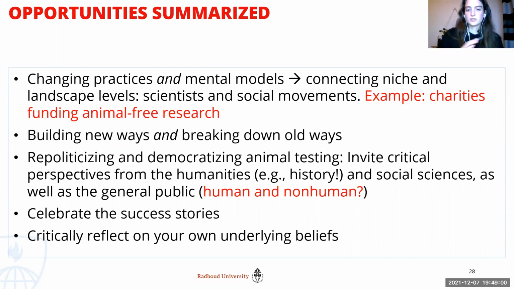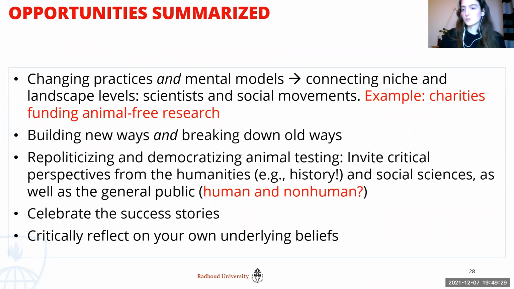And both from the niche level and the landscape level you can put pressure and ideas towards the regime about change. You could say that individual scientists are more on the changing practice level and trying to develop innovations. And then you have social movements and citizens in general at the landscape level.